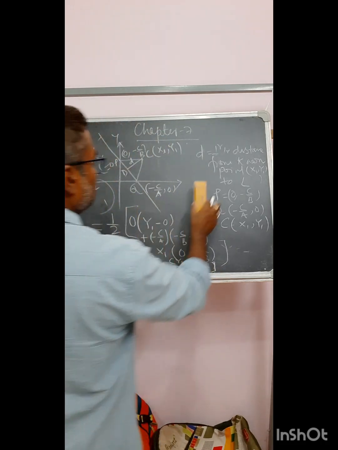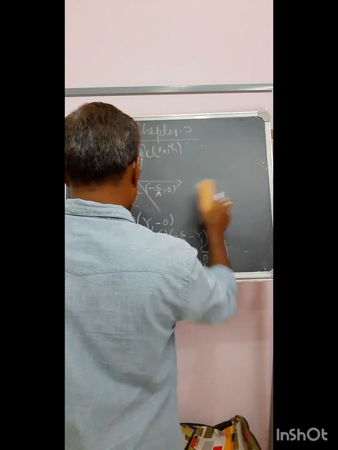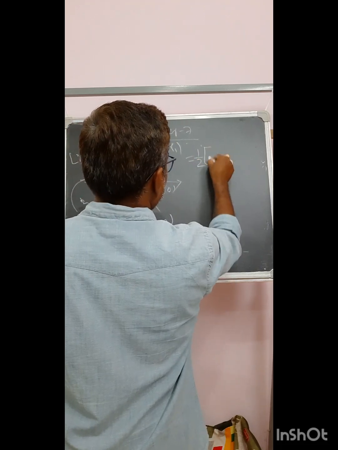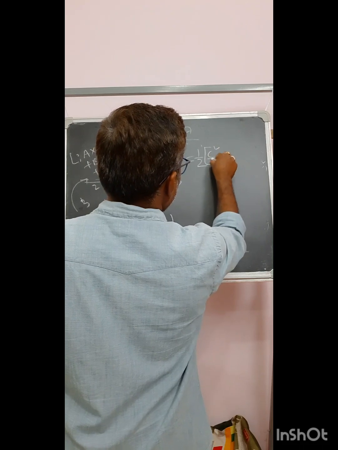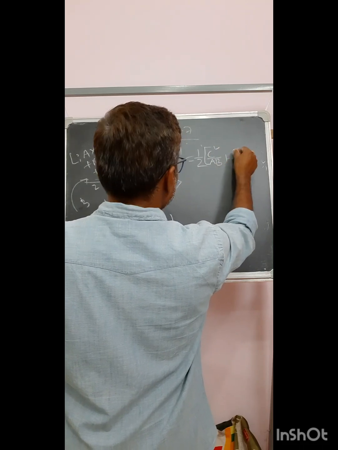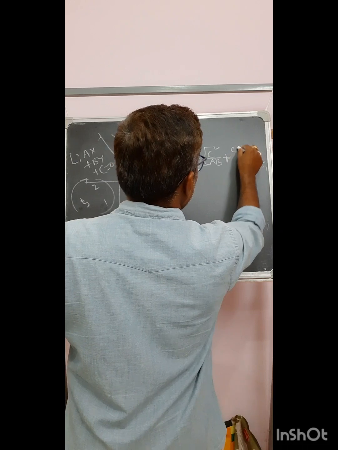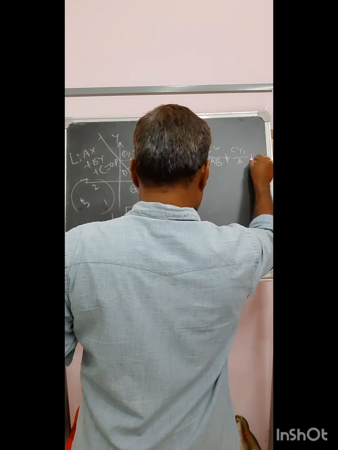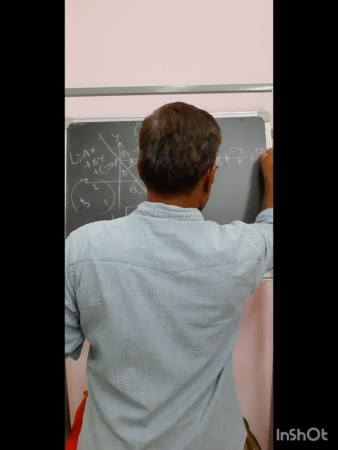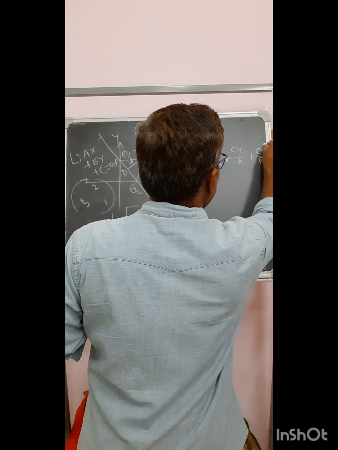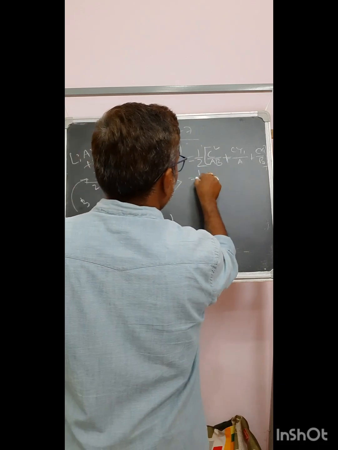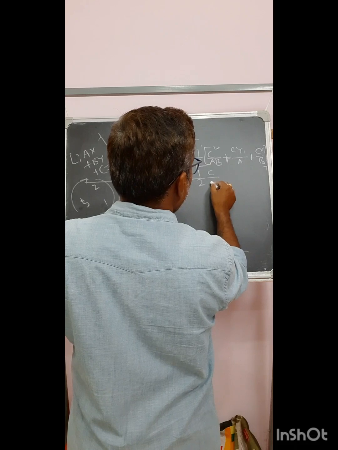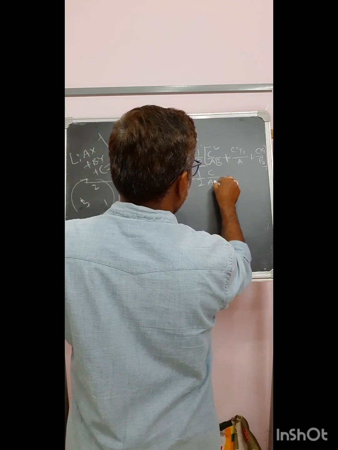So let me put these values here. The final value is half of c square by ab plus c y1 by a plus c x1 by b. Okay, now from here I will take c by ab out.